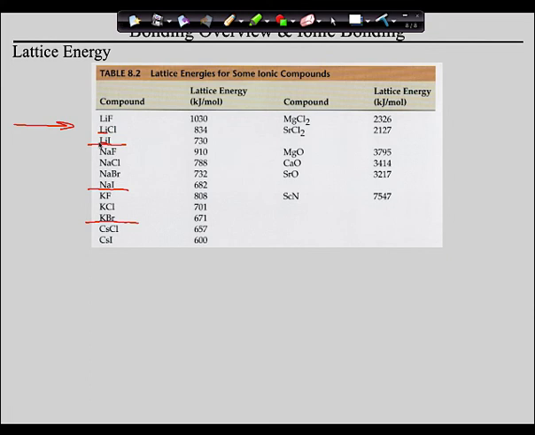So, because lithium is our control, what must be causing the lattice energy to go down? Something about the halogen. So now we can go over and look at these halogens. Fluorine, chlorine, and then they didn't give us bromine, they went down to iodine. So what do we know about the halogens as we go down the group?